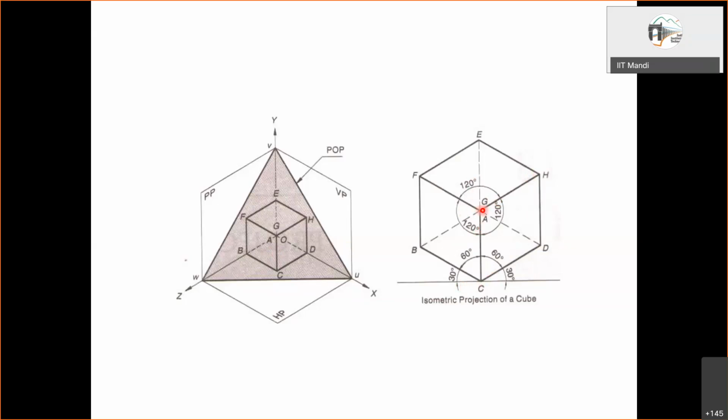If I consider this point, then these three edges mark the isometric axes, and any line in this diagram parallel to these isometric axes is referred to as an isometric line. Like this is an isometric line, this is an isometric line. Then these faces visible to us are referred to as isometric planes, and whichever plane is parallel to these is also referred to as an isometric plane.